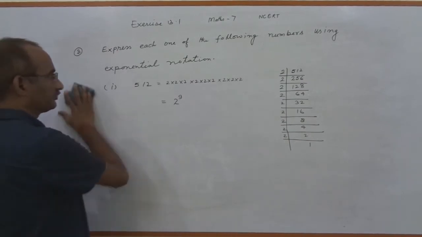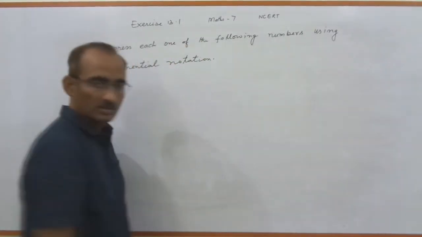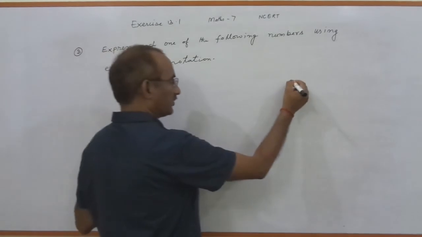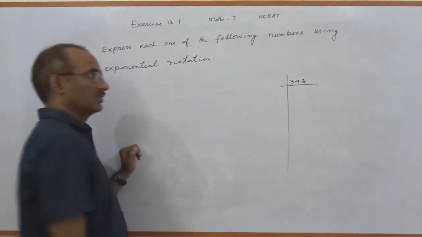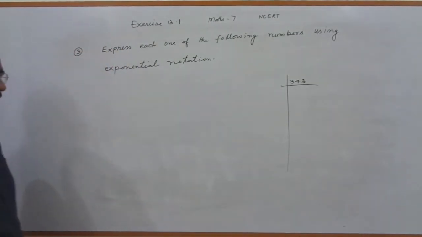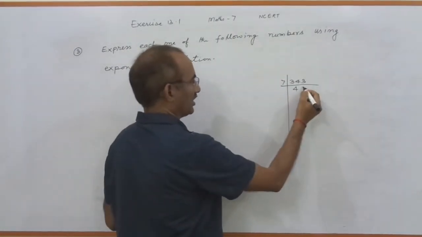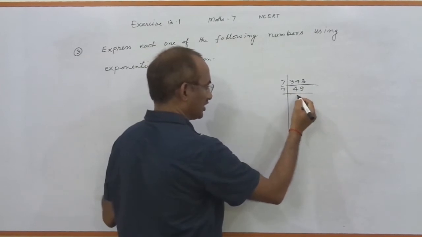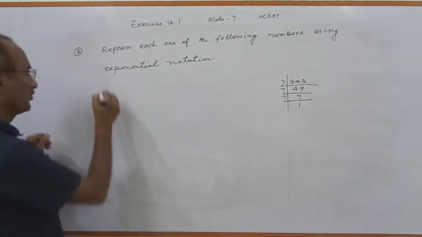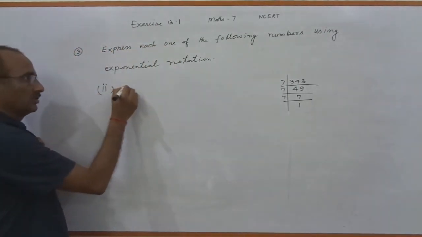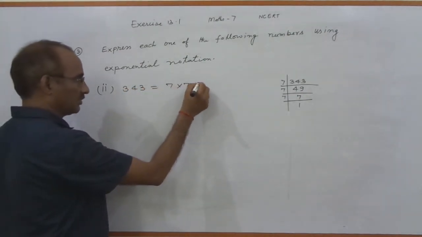Next question is 343. It is divisible by 7. 343 can be written as 7 multiplied with 7 multiplied with 7.